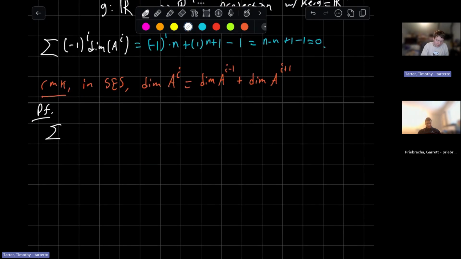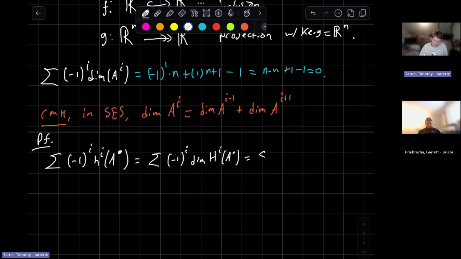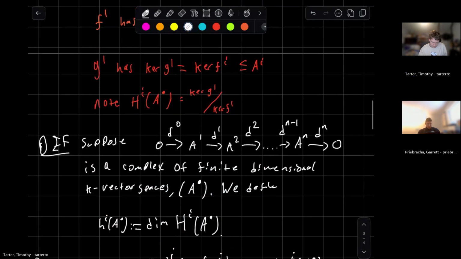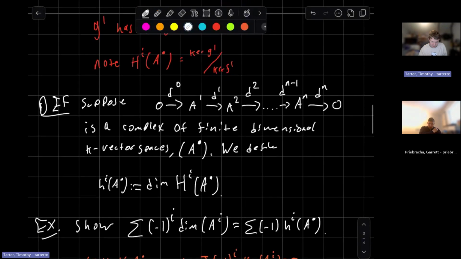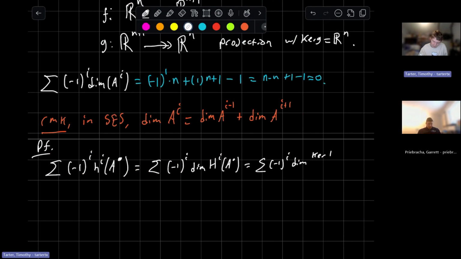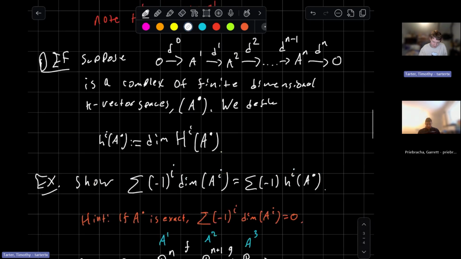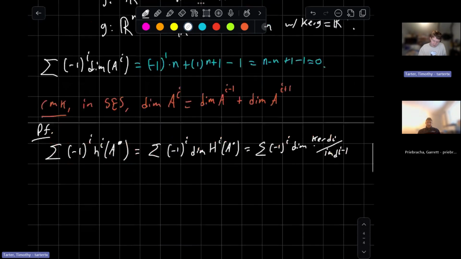So the proof: the sum of (-1) to the i of h_i of A dot is equal to the sum of (-1) to the i of the dimension of h to the i of A dot, which is equal to the sum of (-1) to the i of the dimension of the kernel of d_i mod the image of d_(i-1). Kernel of d_i, image of d_(i-1), yeah.